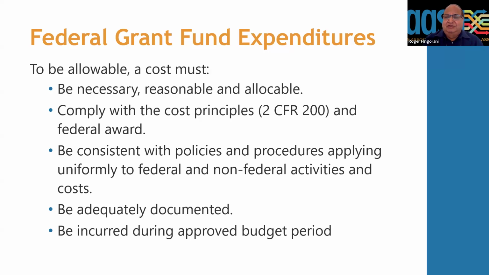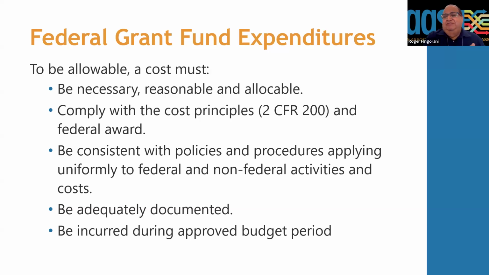It has to comply with the cost principles in 2 CFR 200, and specifically for the federal award. There are different requirements sometimes for different federal awards. So a requirement that's good for one federal grant may not be good for the second federal grant that you may have. It has to be consistent with the policies and procedures applied uniformly to federal and non-federal activities and costs.